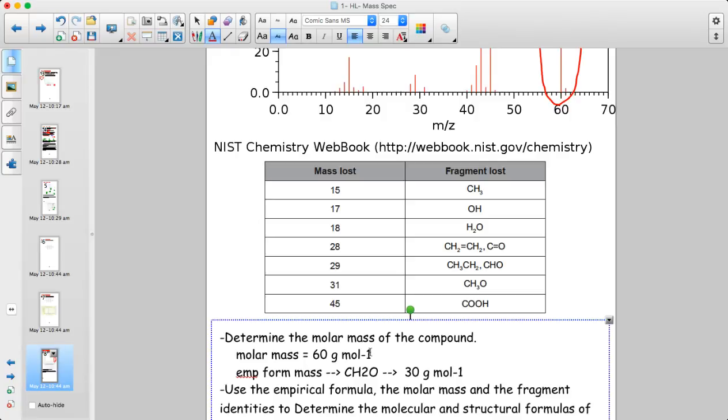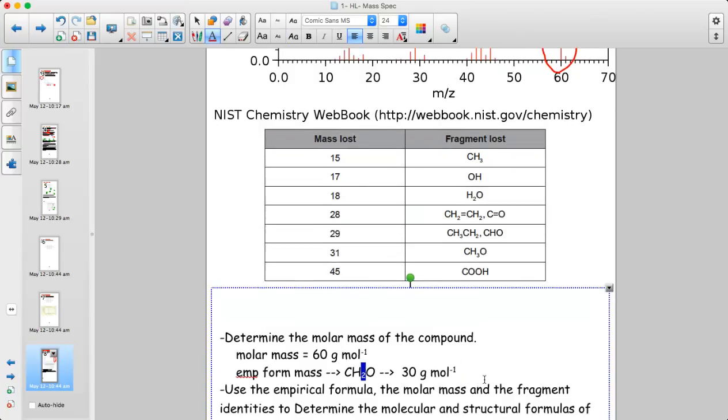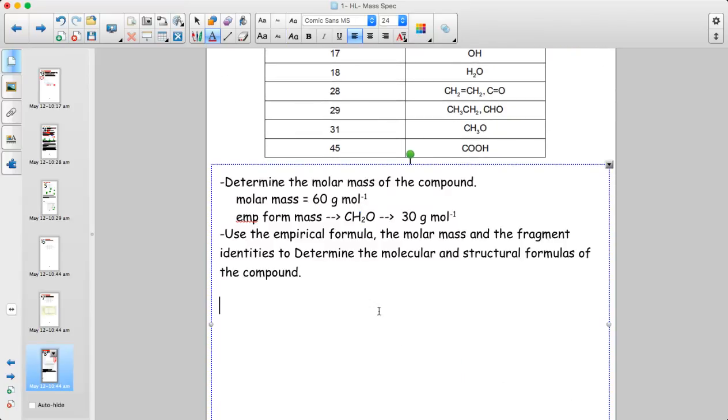And so that means that the actual molecular formula must be 2 times as big as the empirical formula. So the actual molecular formula must be C2H4O2. So it's twice as big. Just from knowing the parent ion and the empirical formula, I can figure out the molecular formula. Okay? And this has a total molar mass of 60.